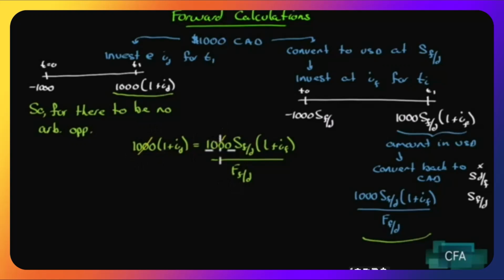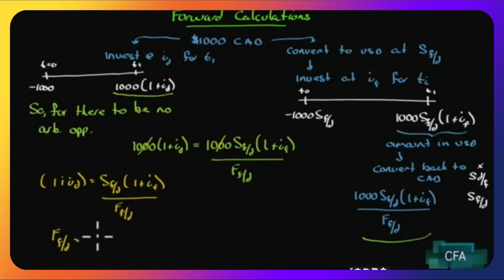We can take the 1,000 out, and that will leave us 1 plus ID would equal the spot times 1 plus IF over the forward rate. Solving for the forward rate, we can see just by algebra would equal our spot rate, times 1 plus the foreign interest rate, divided by 1 plus the domestic interest rate.